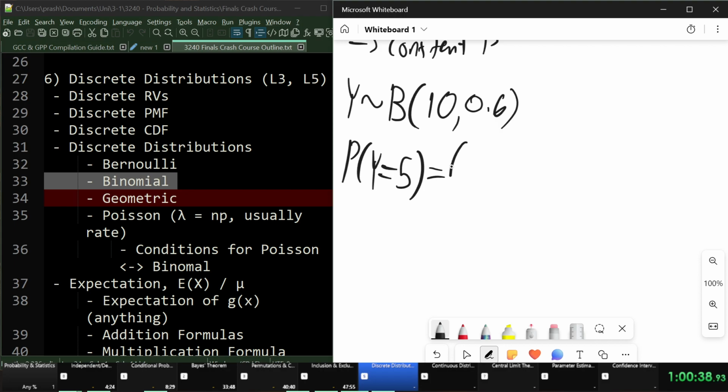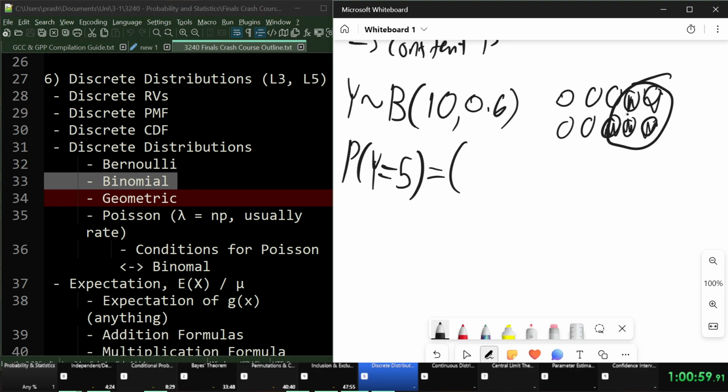The formula for this would be, there are 5 heads, so let's see if I were to draw it out. You have coin flip 1, 2, 3, 4, 5, 6, 7, 8, 9, and 10. You want to find the probability that 5 of them succeeded. So let's say it's 1, 2, 3, 4, and 5.